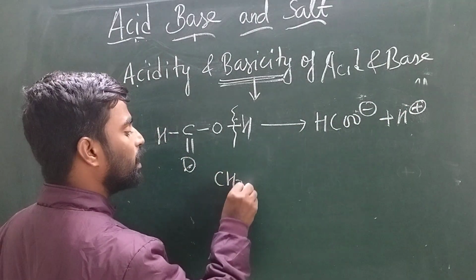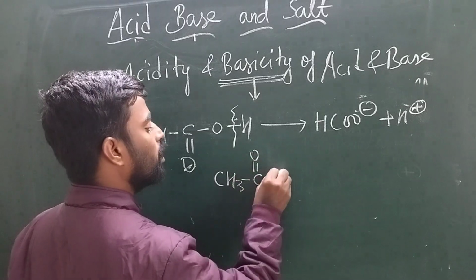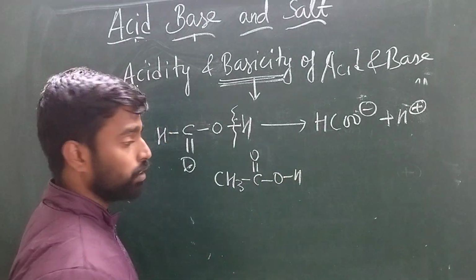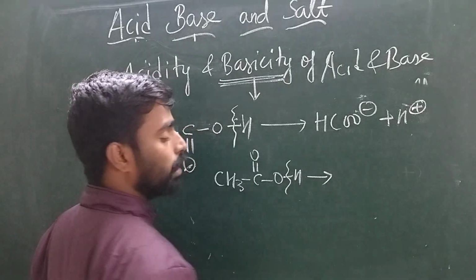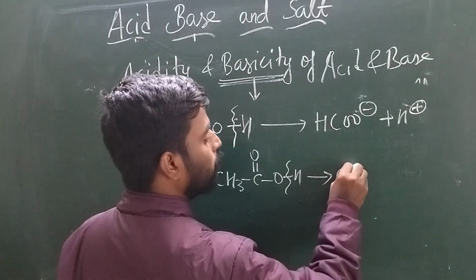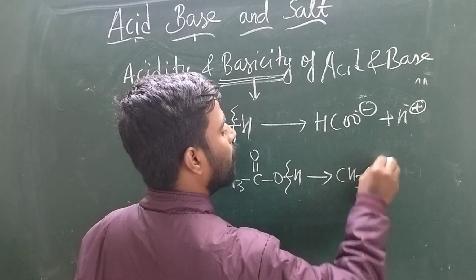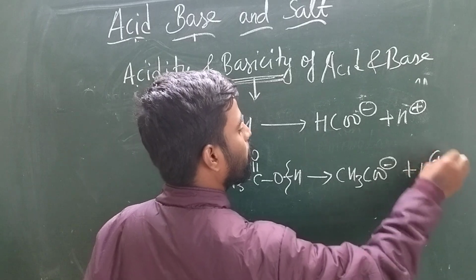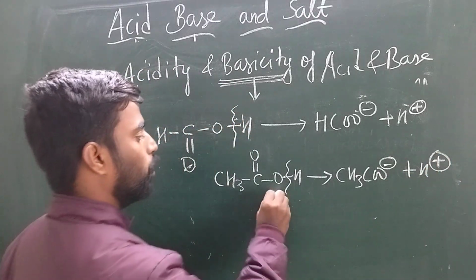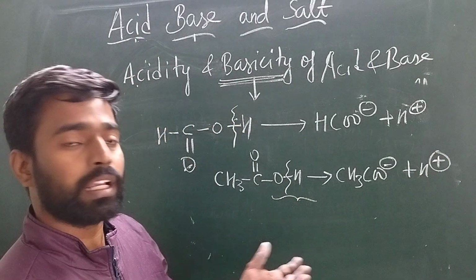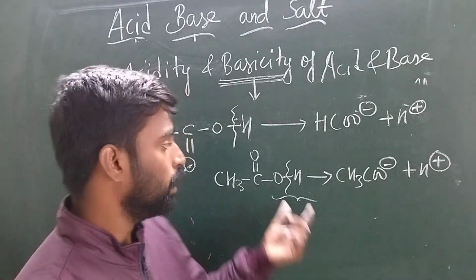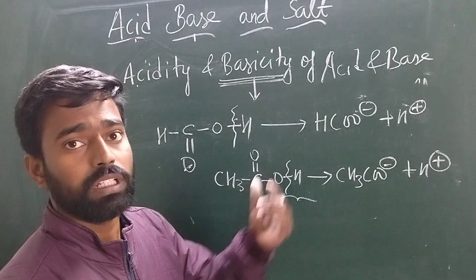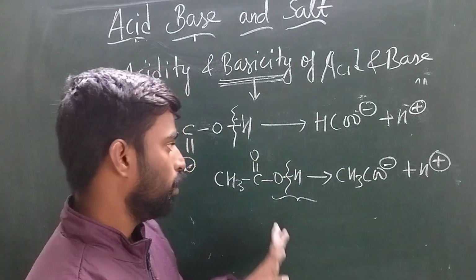Similarly, acetic acid also has only one OH, so it will ionize to give only one H plus. The OH bond will break and give the H plus ion. So there is only one OH bond, so it will give only one H plus ion.